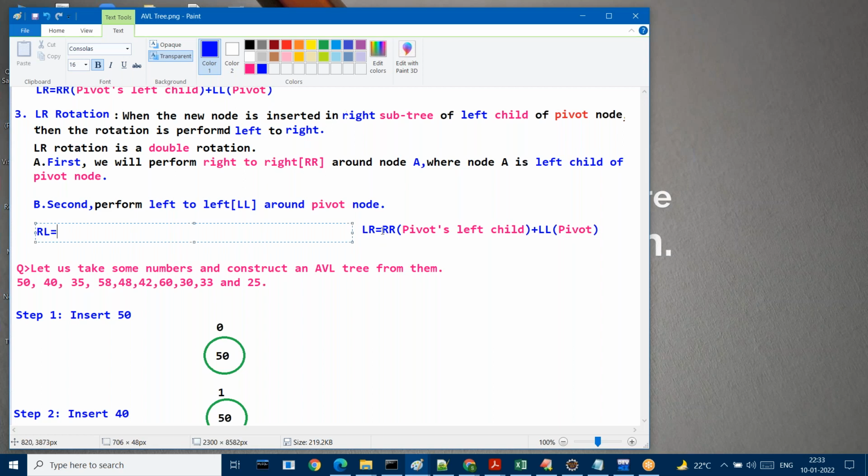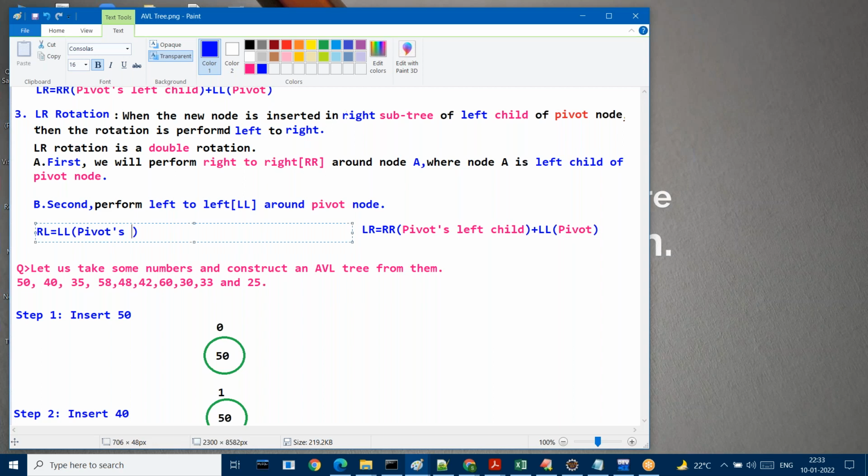When I write LR, then RR is equal to. Then RL is equal to. Observe here. When I have LR is equal to RR first, so RL is equal to LL with respect to pivots.